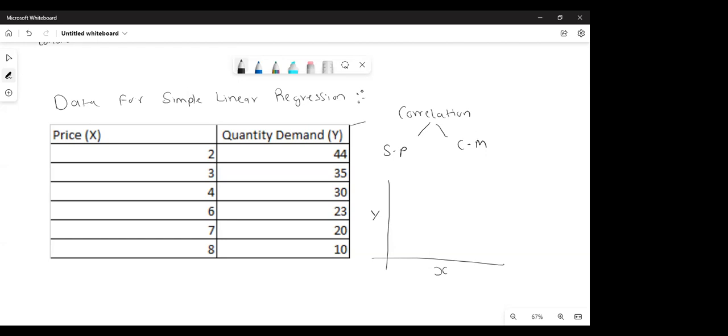Like this is the coordinates used to make a plot. I believe you know how to make a scatter plot. We have done it in school standard also.